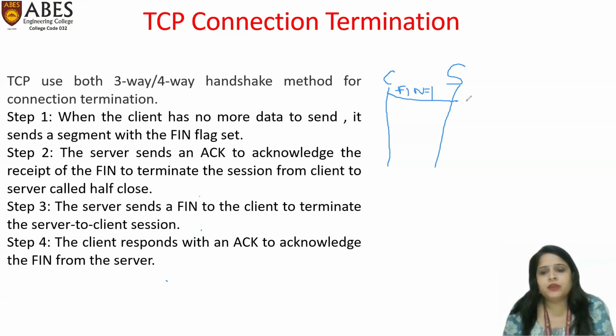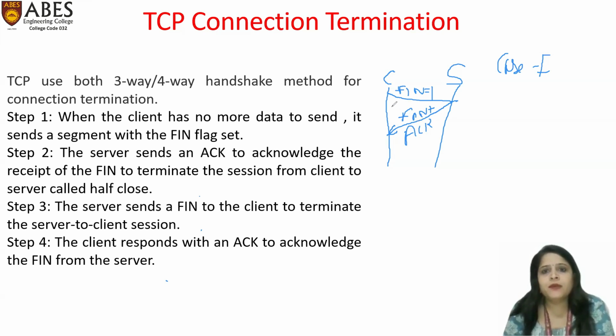In case 1, maybe the server also wants to close the connection with the client. So in that case, the server will also send a FIN segment with an acknowledgement, so FIN plus ACK, to inform the client that I also want to close the connection because I also don't have any data for further transmission.